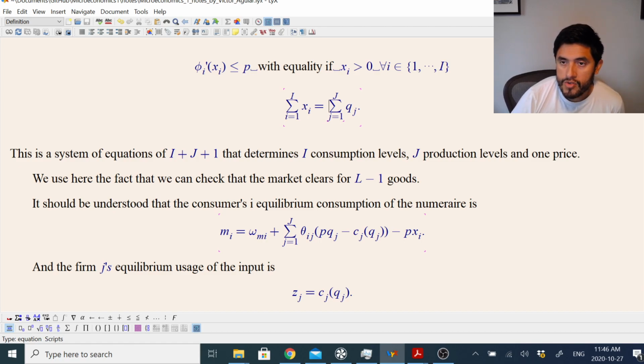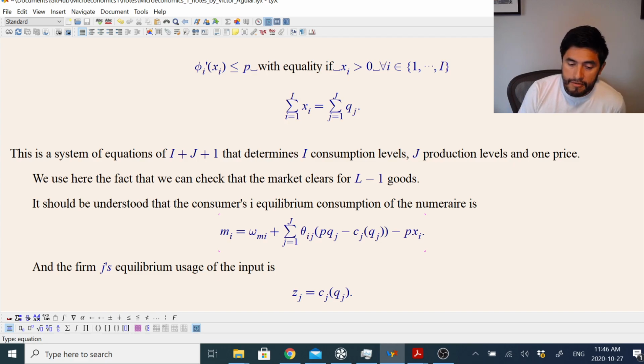So Mi has to be equal to omega i, which is the physical amounts of goods in the economy, plus, here I have to know the theta ij, which are the shares of profits, and then I have to actually compute profit. So this is the price of the output, so P times Qj, minus the cost of the output that depends on the quantity Qj.